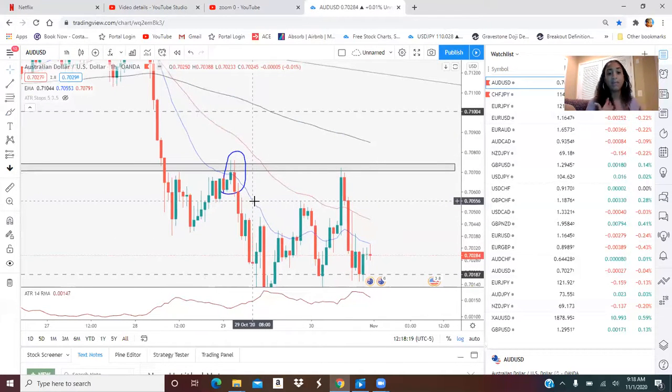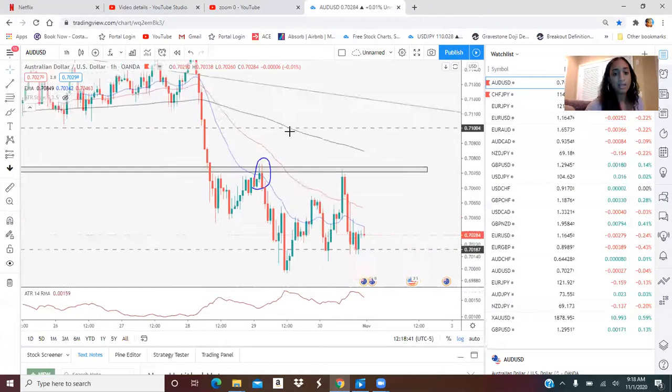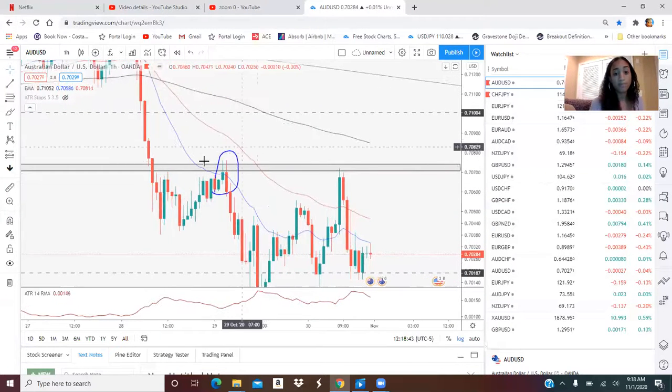The EMA, I use it for dynamic support and resistance. Some people just use EMAs and don't use zones, which is fine, but I use both. It's like triple confirmation, right? I have this EMA and this structure and this candlestick pattern, and we have a downtrend. So this is obviously a sign that price is going to be dropping.